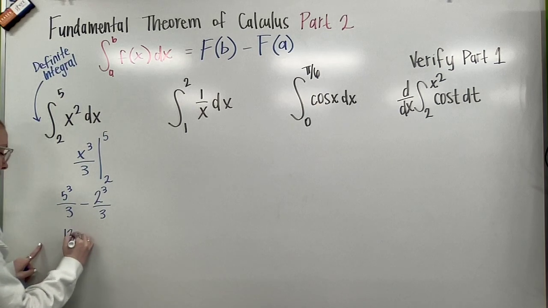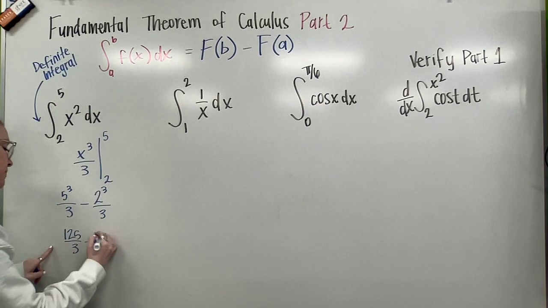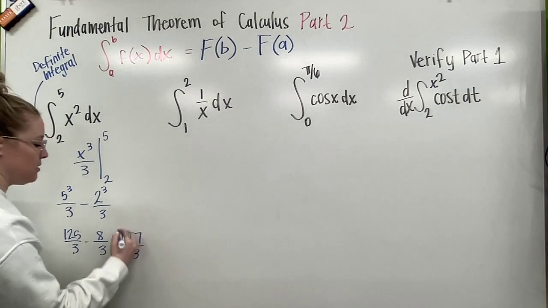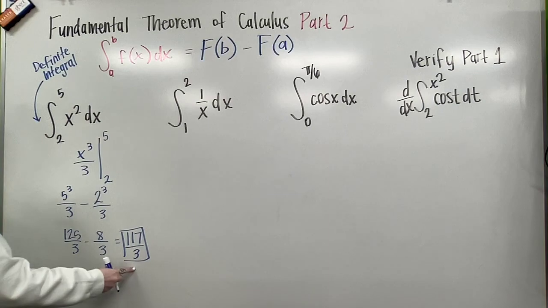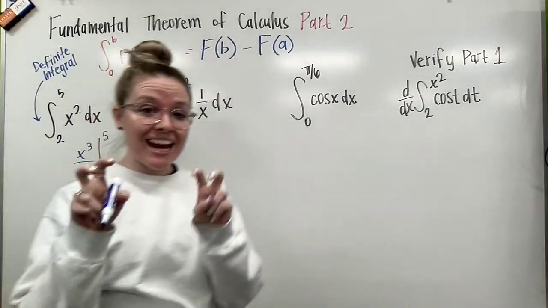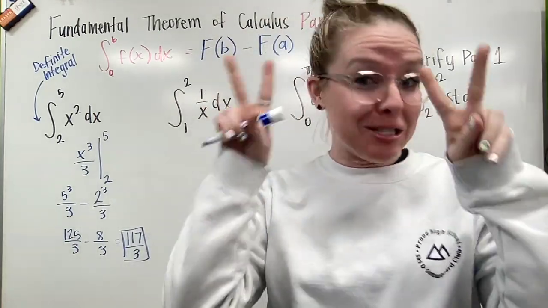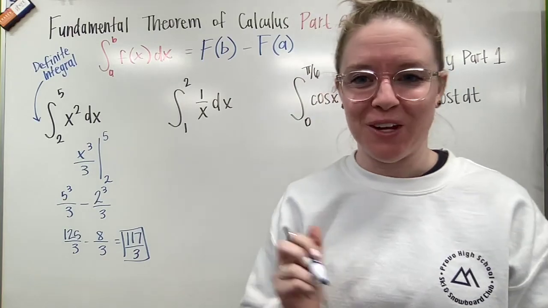So this is 125 thirds minus 8 thirds, which is 117 thirds. Here's my solution. So that is the exact area under this curve. Again, I'll describe what that means in our next video.